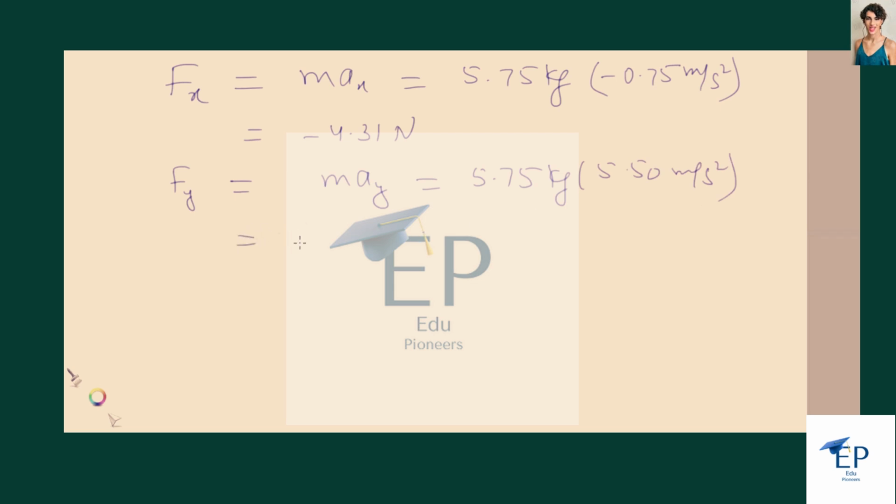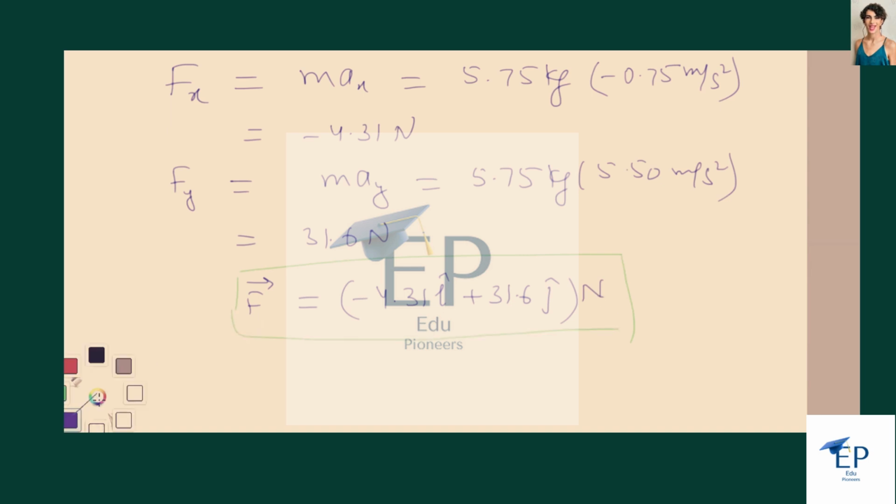So here it comes out to be 31.6 Newton. Hence, in vector form, the force acting on the particle is minus 4.31 i cap plus 31.6 j cap Newton. And here it becomes the answer for the second part of the problem.